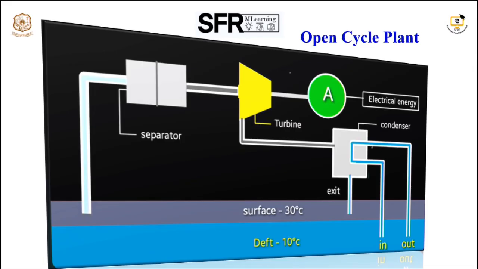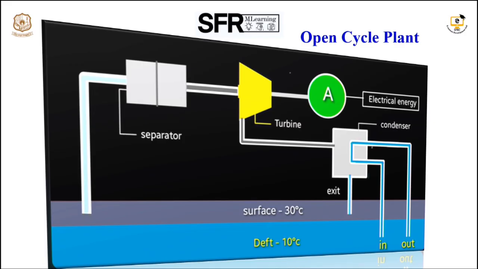Then the surface water flows through the pipe into the separator. This separator is used to convert the water into steam. Then the steam strikes the turbine blades. As a result, the turbine starts to rotate.